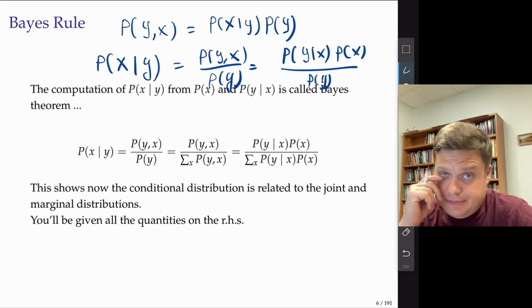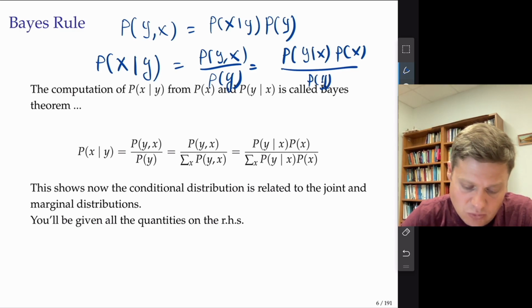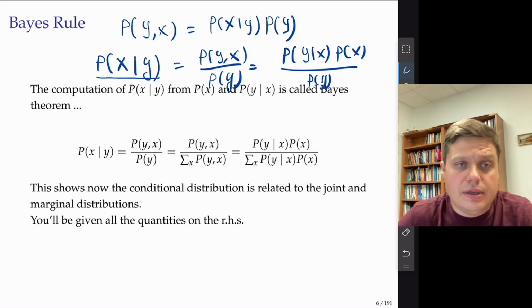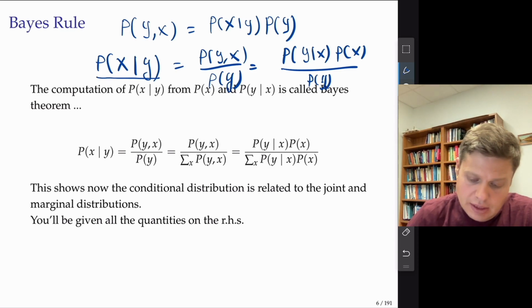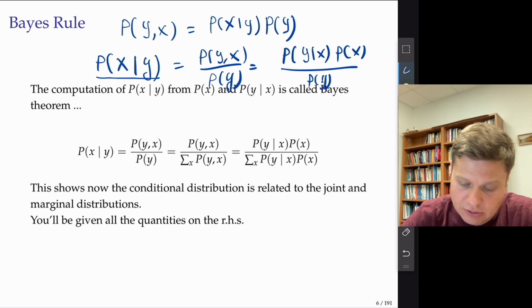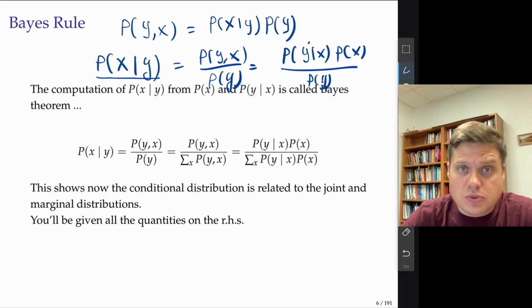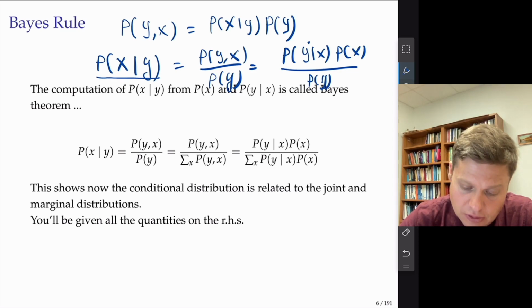So what happens here? On the left-hand side, we have a conditional probability over x given y, and we calculated it from three different quantities. So the first quantity is this one, probability of y given x, and this is called likelihood. And if it's not clear why, it's going to become clear why it's called this way.